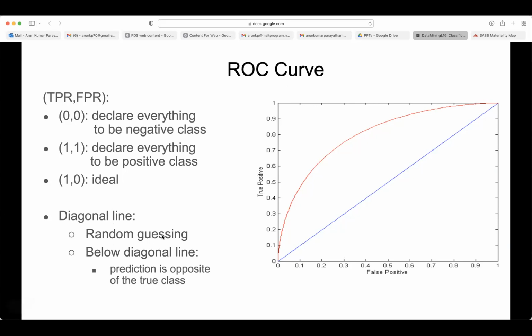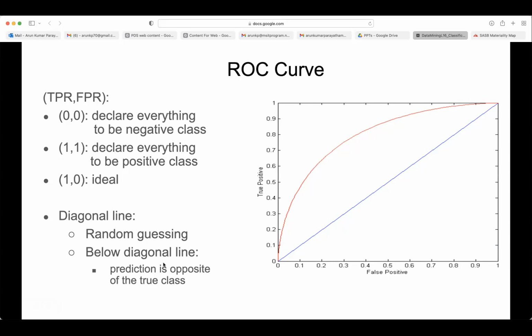The diagonal line is random guessing. Even if you guess randomly, your false positive rate and true positive rate are almost the same. What is this line equation? X equal to Y, right? Whenever you find a point on this line, the false positive rate and true positive rate are the same. This diagonal line is called X equal to Y.